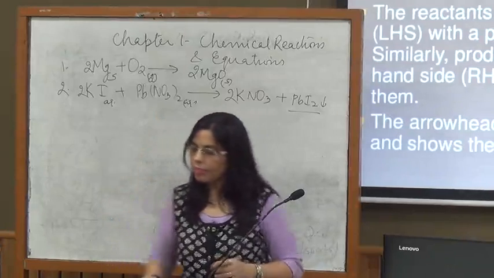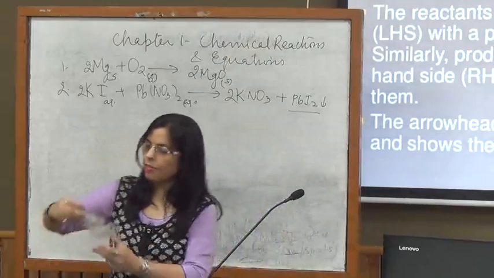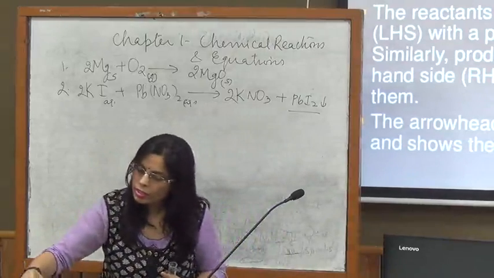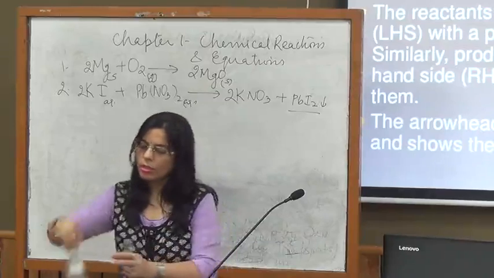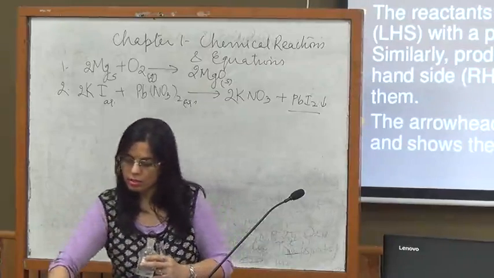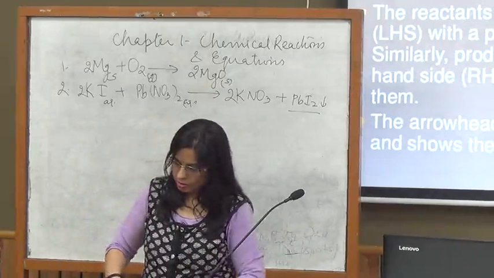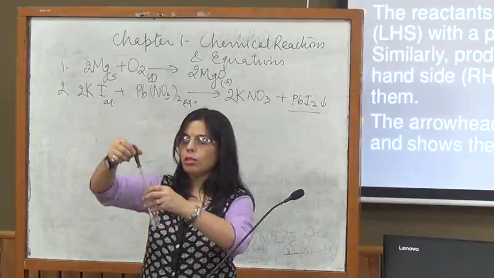So we have one more reaction to see. We have sodium sulfate solution here and the barium chloride solution here. Again, pouring the sodium sulfate. This time I am using a dropper to pour the solution.